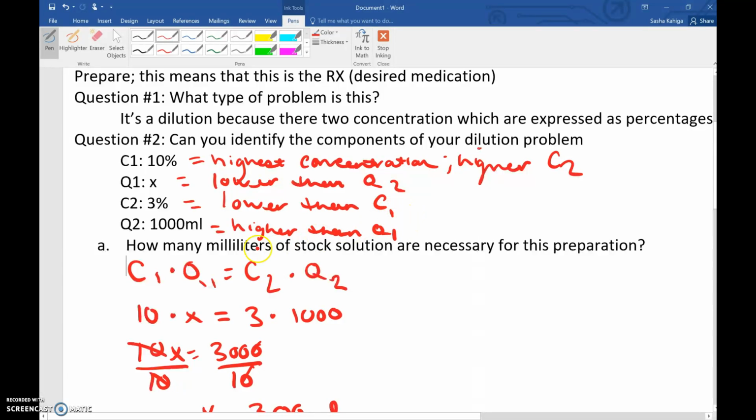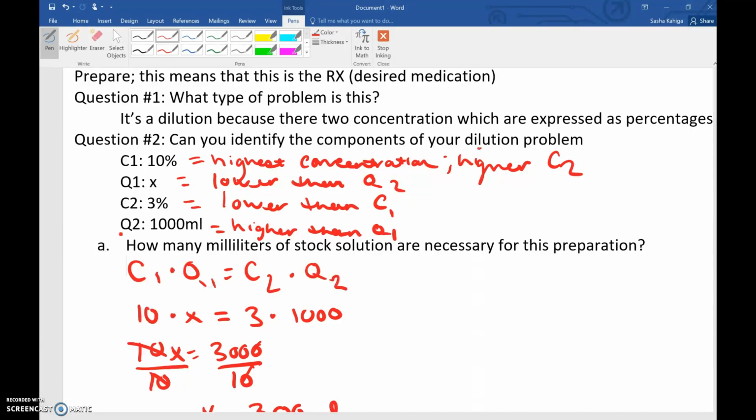Your Q1, which is your stock quantity, meaning how much of that stock medication you need in order to make this new concentration, is always going to be lower than your Q2. And remember, your Q2 has both the desired quantity and the components from your desired medication or your base and your concentration.